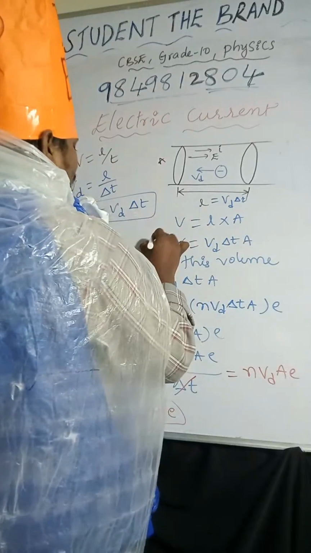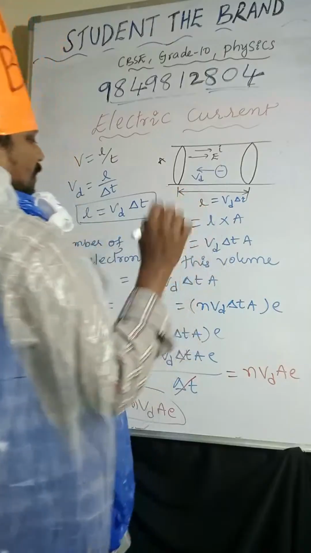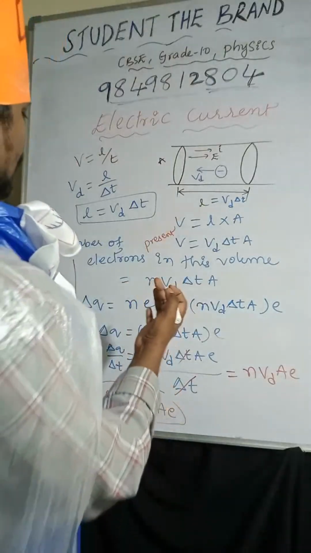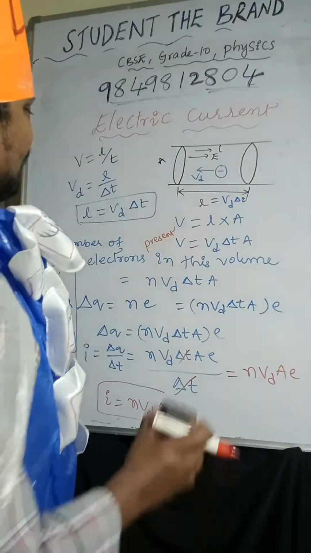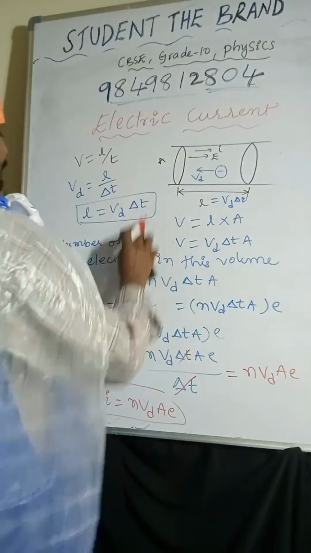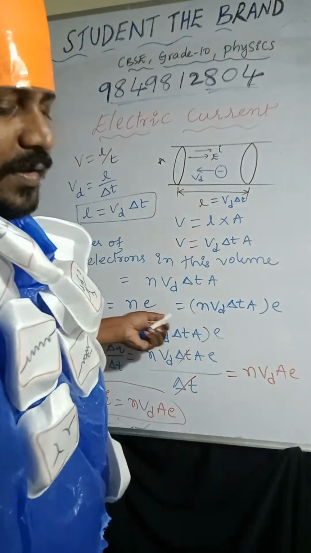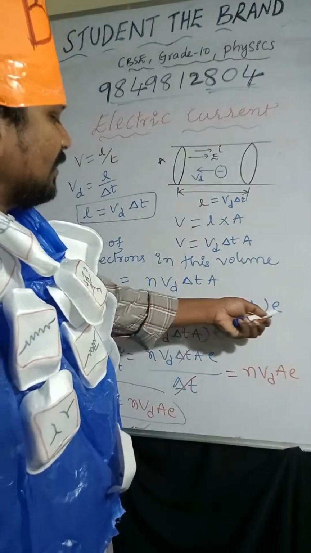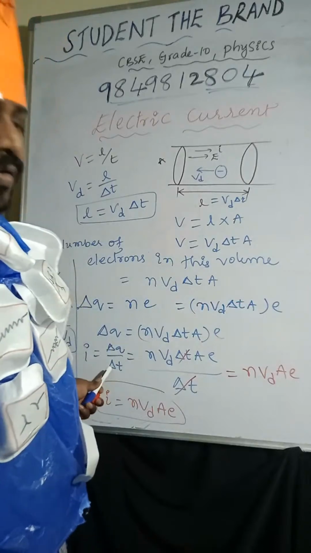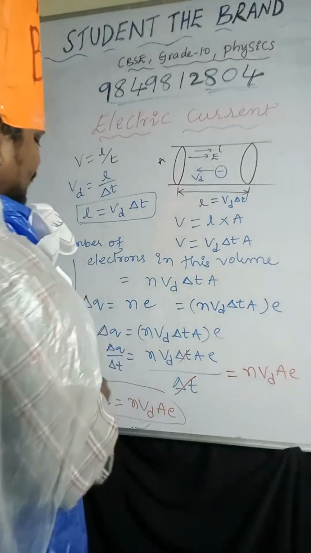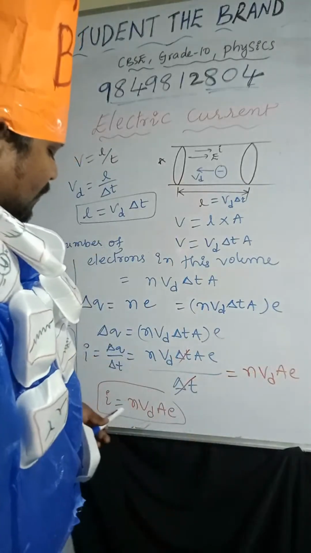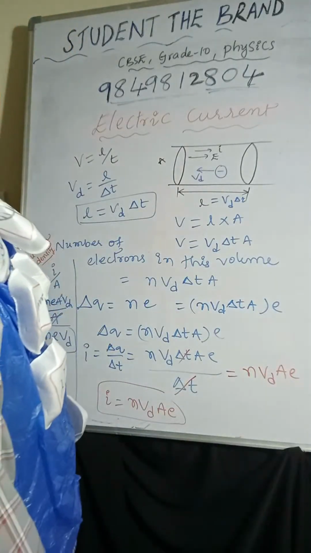Now the number of electrons present in this volume is n Vd delta T into A. So delta Q equal to n into e, that is n Vd delta T into A into e. Current I equal to delta Q by delta T, so delta T gets cancelled, and you get n Vd A e.